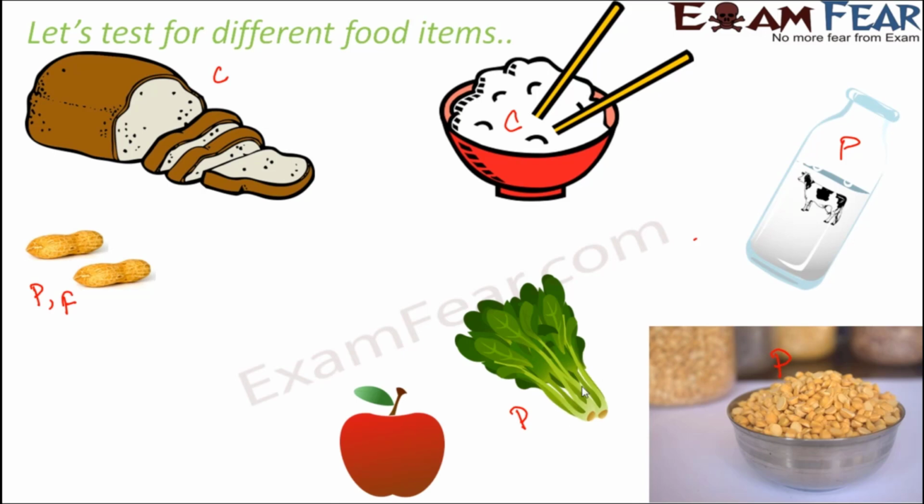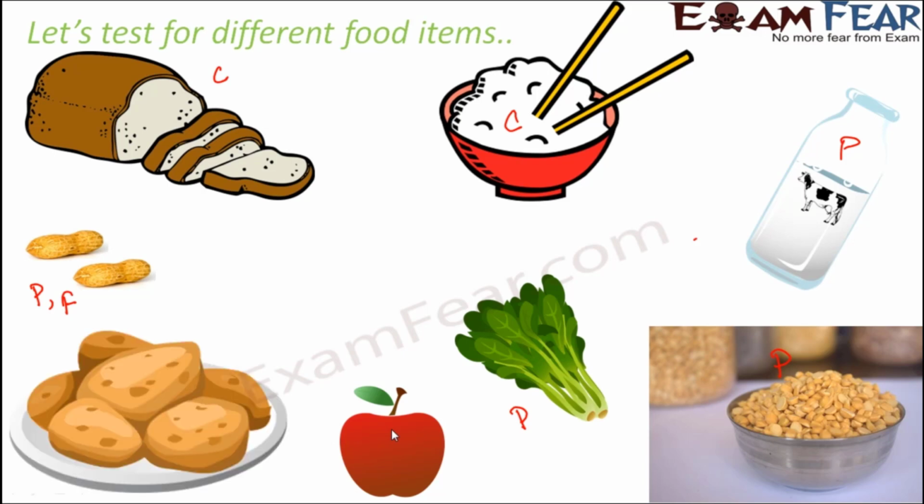In case of apple, we see that the starch test comes out to be negative, showing that apple doesn't contain any carbohydrate. So this is another example of negative test. So you will see that a lot of these substances will give negative test for other food items. For example, spinach might give you a negative test for fat. So apple gives you a negative test for starch.